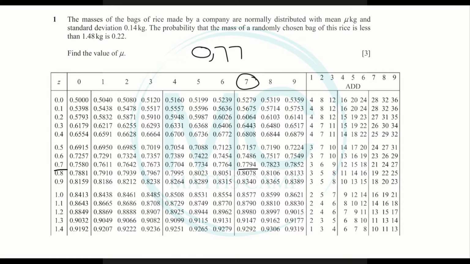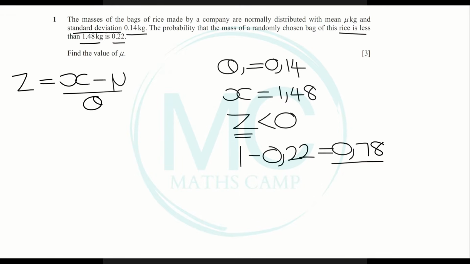We need to add 6 to this value. So if we add 6, we add 2 to z, 0.772. But remember that z is negative. So our z value is equal to negative 0.772.